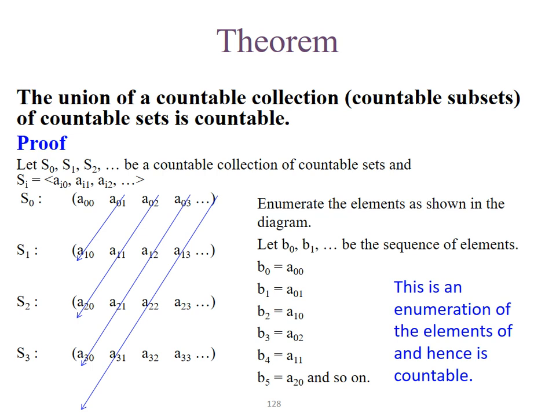It's very much like the example of how to prove the rational numbers are countable. So we can apply the zigzag scan order to put all the elements in order. And once you can put the elements A00 and the others in order, then we just define the order in which we count. Then the union of these subsets is a countable set.